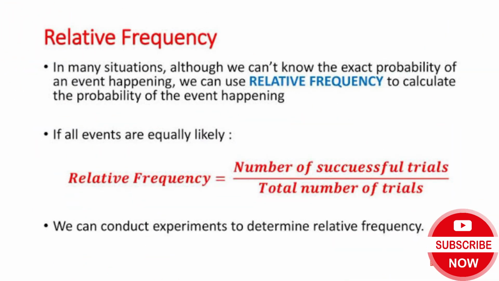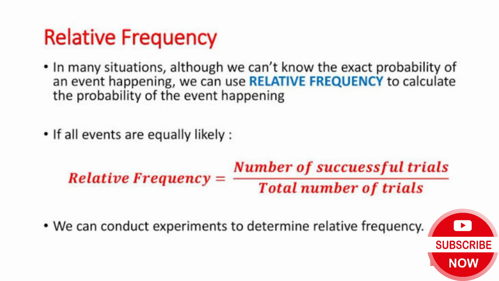What is relative frequency? In many situations, although we can't know the exact probability of an event happening, we can use relative frequency to calculate the probability of the event happening. Assuming now you conduct a mathematics examination for 100 level students, and the pass mark is 80 and above.